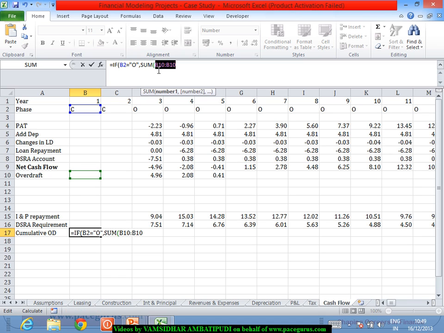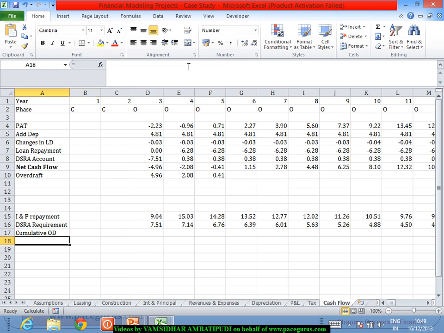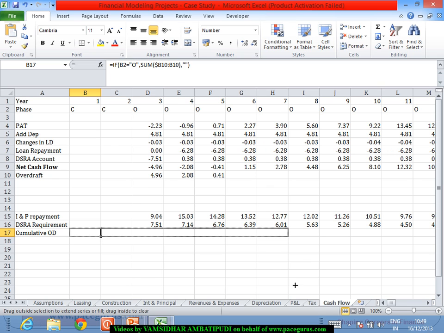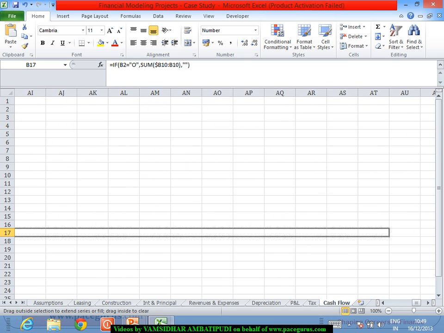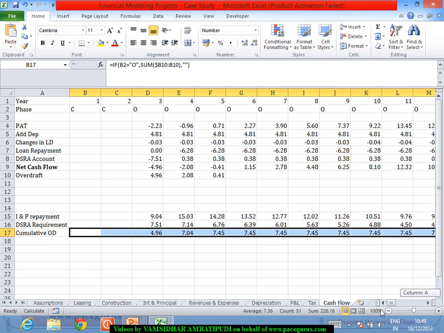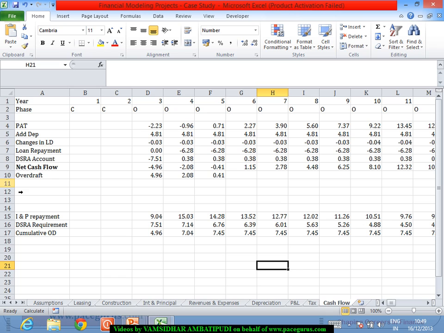So I'll take the dollar for the B here. I'll take the summation of the overdrafts until this period, otherwise I'll leave it as blank. Okay, so my cumulative overdraft is coming out to be something like this. These are my cumulative overdraft amounts.